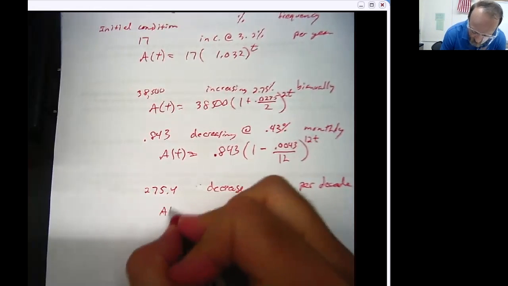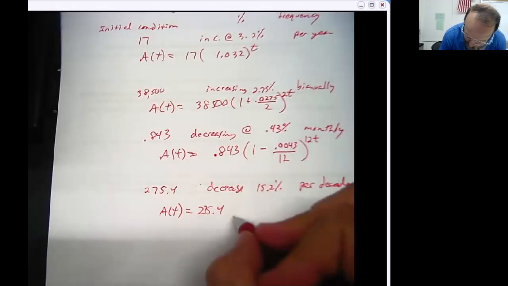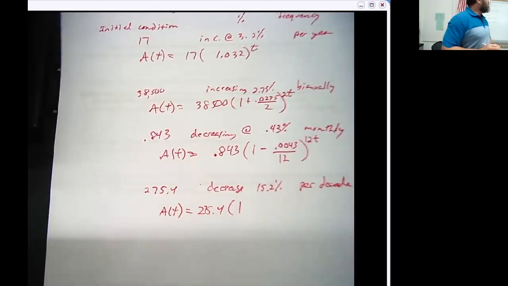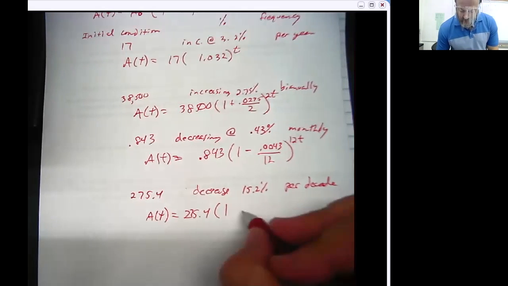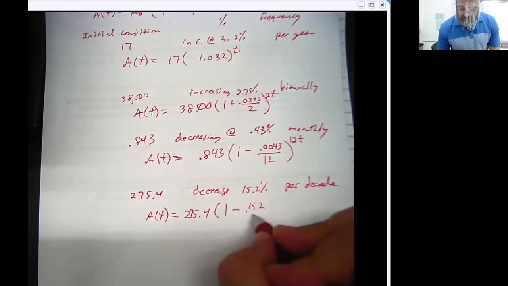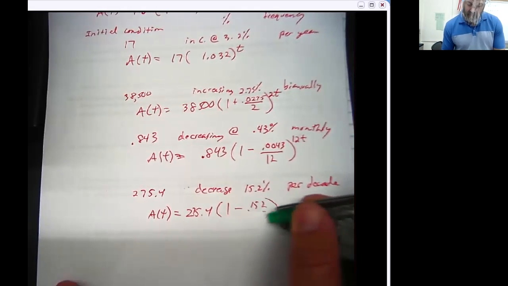Well, that's going to be A of t is 275.4. I missed the 7. It says decreasing, minus 0.152 divided by, if n is the number of compoundings per year, see, this is actually kind of a deceptive little sucker.